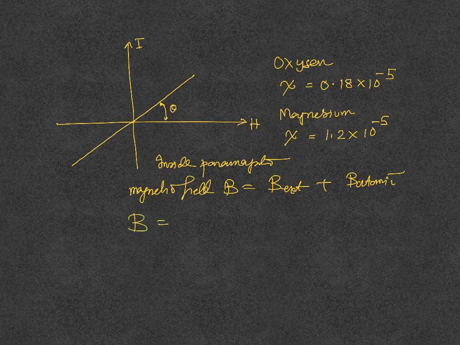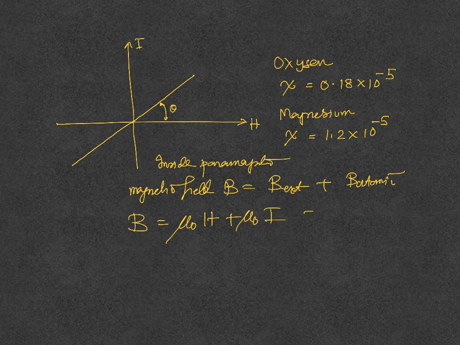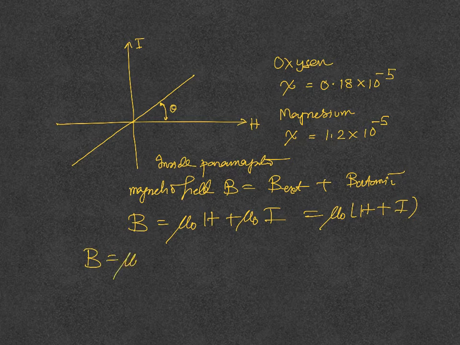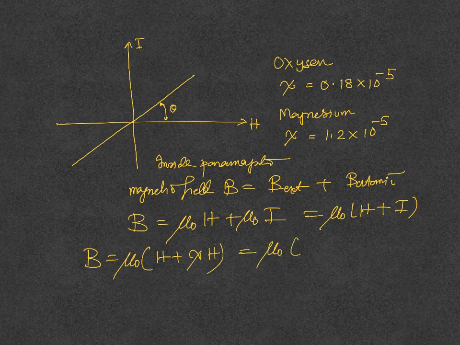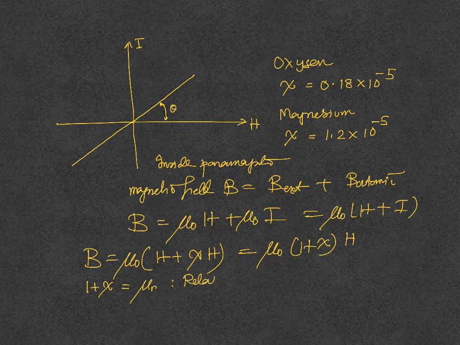So that is B is equal to mu 0 H plus mu 0 I, that is mu 0 into H plus I, or we can write mu 0 into H plus susceptibility into H, that is mu 0 into 1 plus susceptibility multiplied by H. So this 1 plus susceptibility is mu R. Mu R is known as the relative permeability.